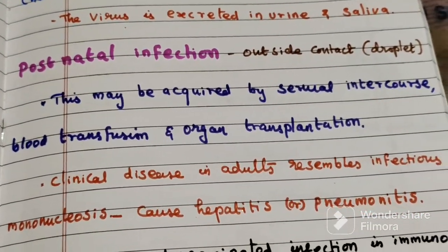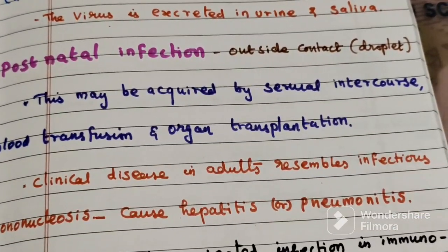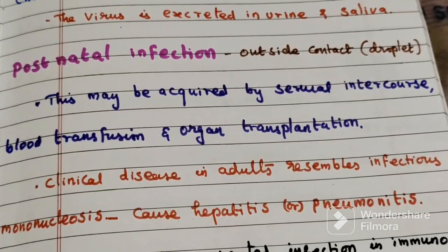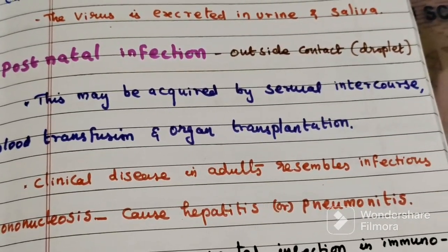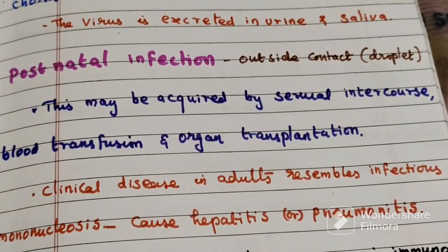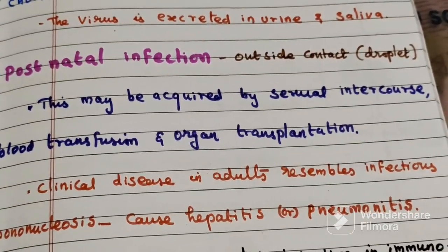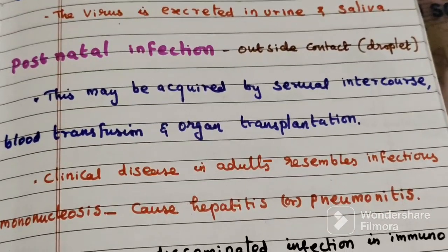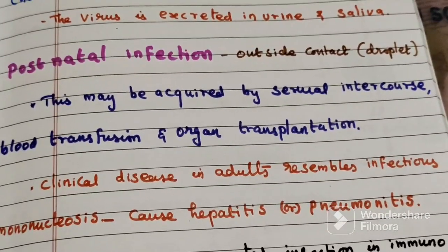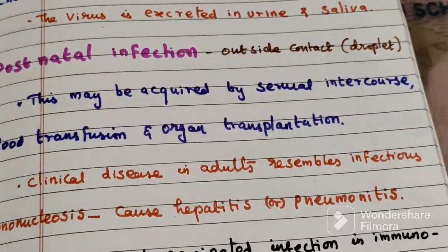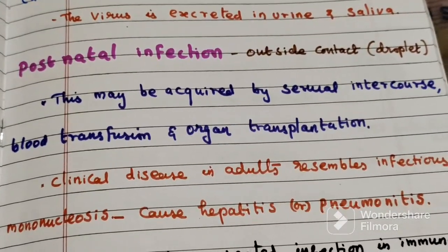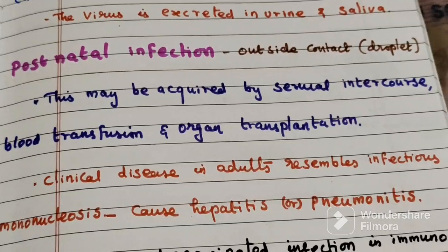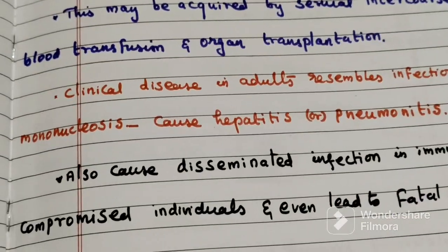It can occur by sexual intercourse, blood transfusion, and organ transplantation. Cytomegalovirus will transmit person to person. Clinical disease in adults resembles infectious mononucleosis. It may cause hepatitis and pneumonitis.